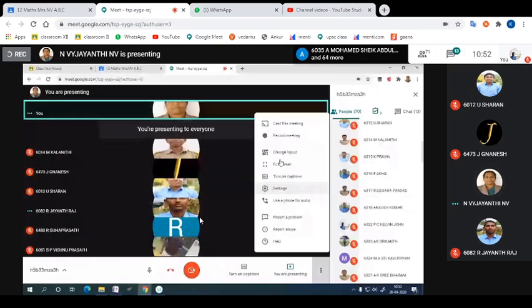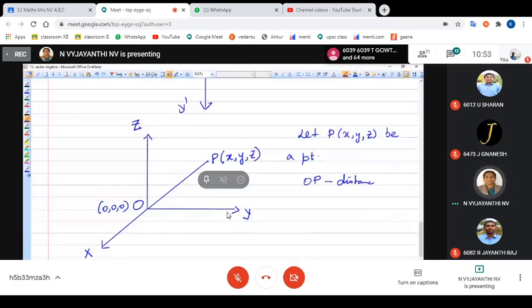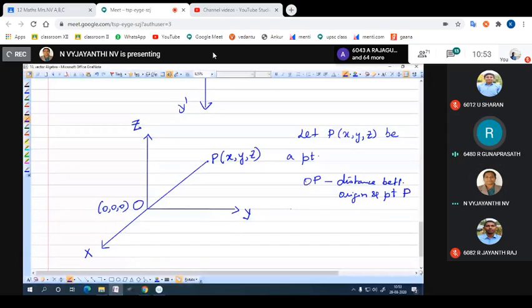This OP is the distance between origin and point P, isn't it? So already in 11th class you have learned the distance formula.